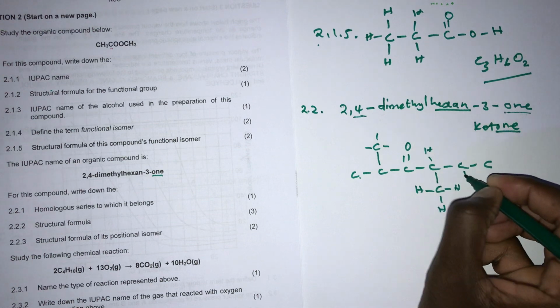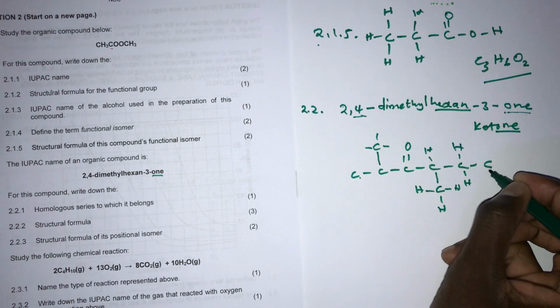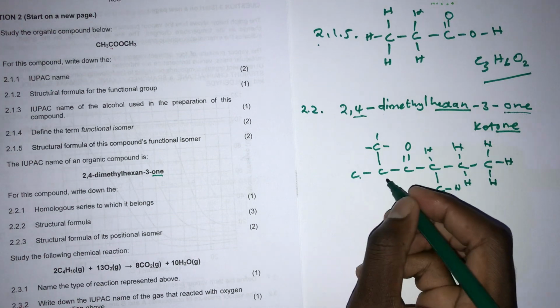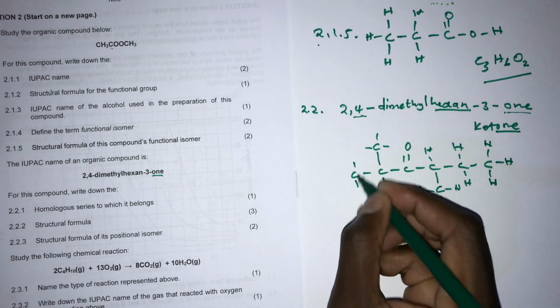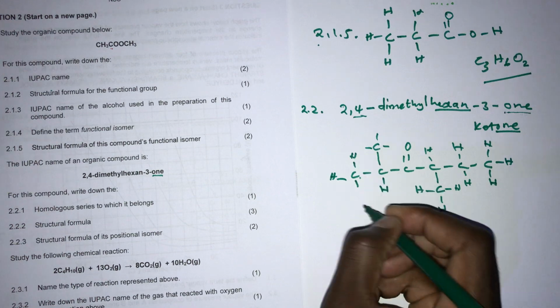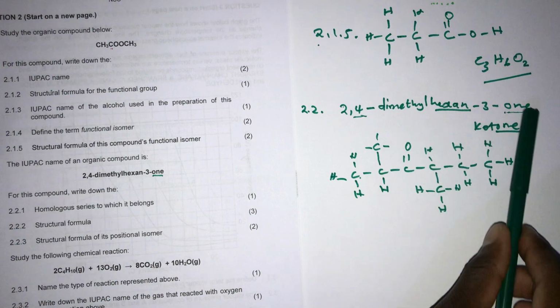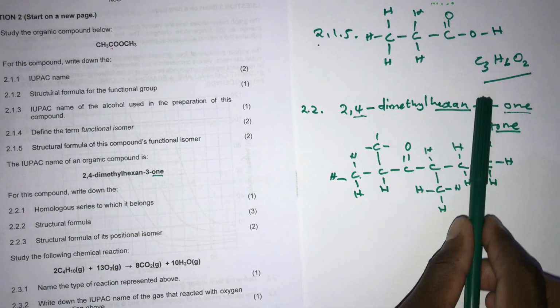So we just place all the hydrogen atoms. Make sure that you show all the bonds and all the hydrogen atoms. Also make sure that around each carbon atom there are 4 bonds. So now this is the structural formula for the IUPAC name here.